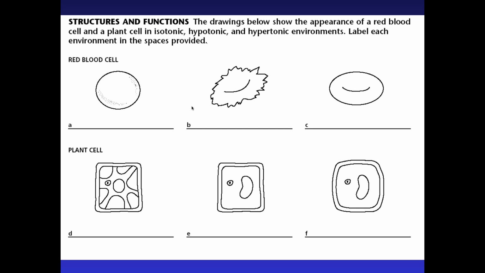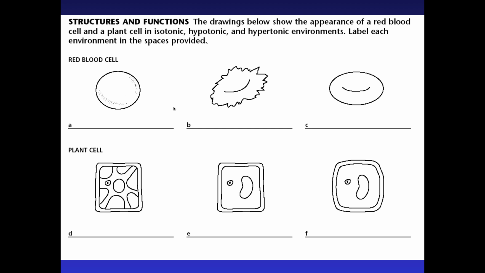Okay, so if you've got a diagram like this, you should be able to look at it and decide which one is isotonic, which one is hypertonic, which one is hypotonic. I'll give you a second to think about that, or you can just pause it. I'll give you a minute.